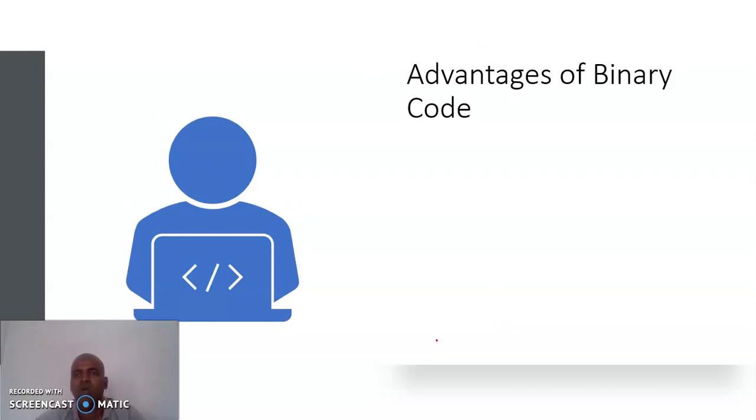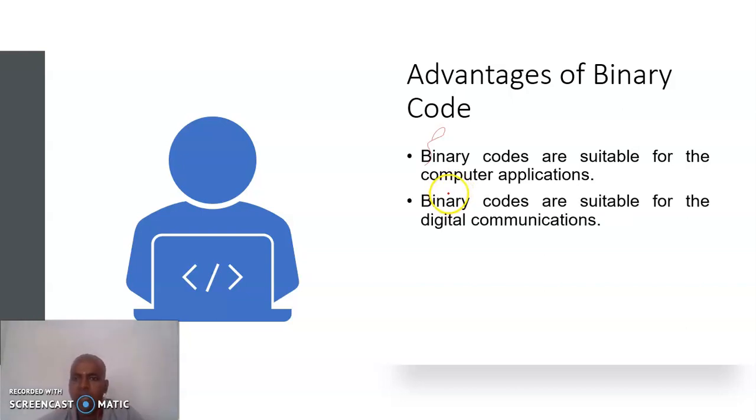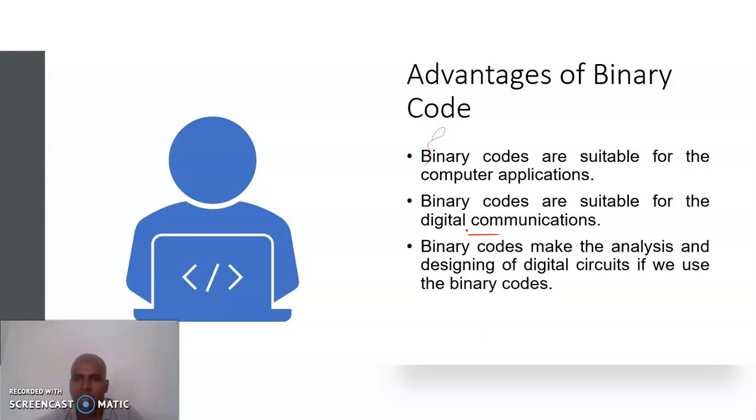So what are the advantages of binary code? It is suitable for computer applications, because in computers we use only binary data, zeros and ones. It is also suitable for digital communications, where we use only zeros and ones. Binary codes can be used in the analysis and designing of digital circuits.